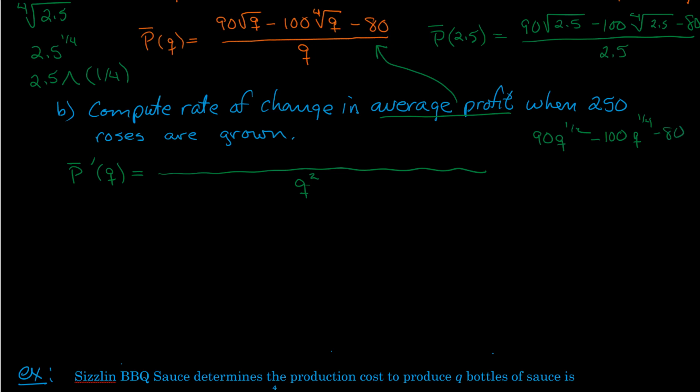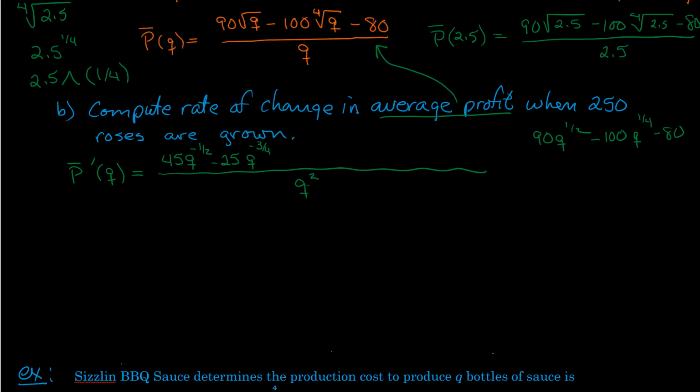When I go to take the derivative of that, which is this f prime, I'm going to have 90 times the 1/2, which is going to give 45 q to the negative 1/2. Now, when I take the derivative of the next term, I'm going to have a minus 100 times a fourth. So that's going to be minus 25 q to the negative 3/4.